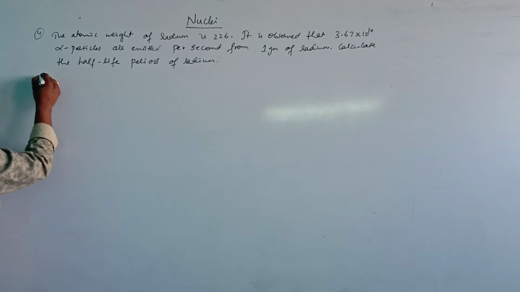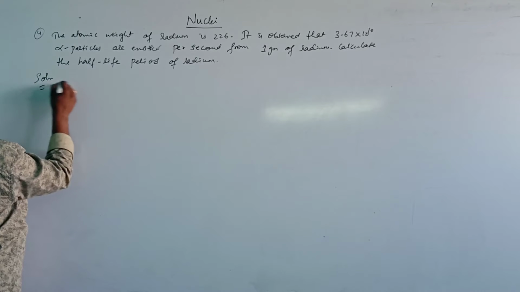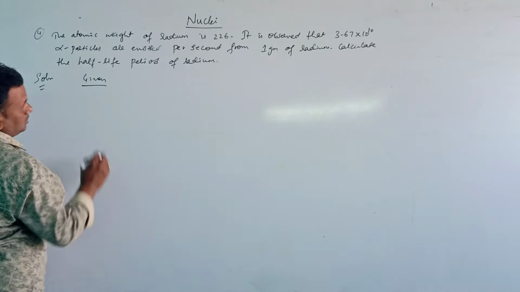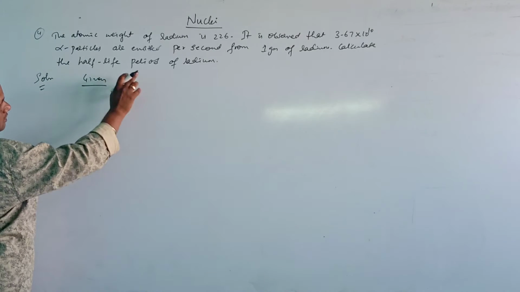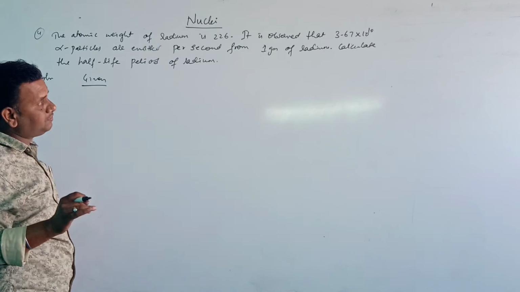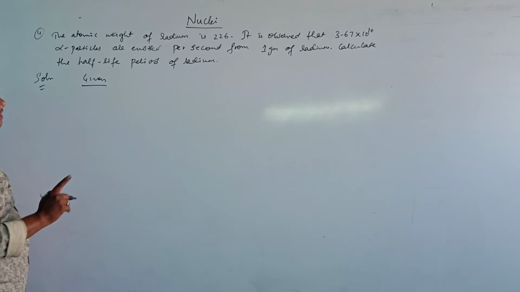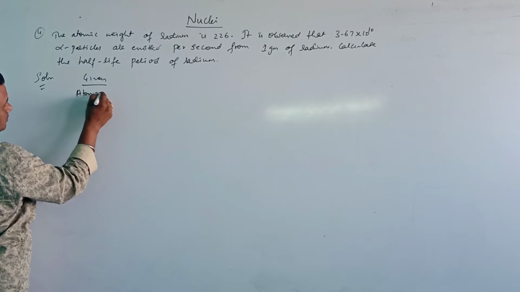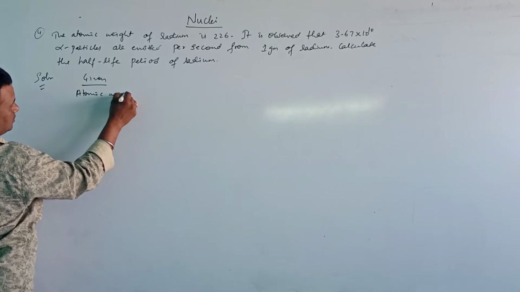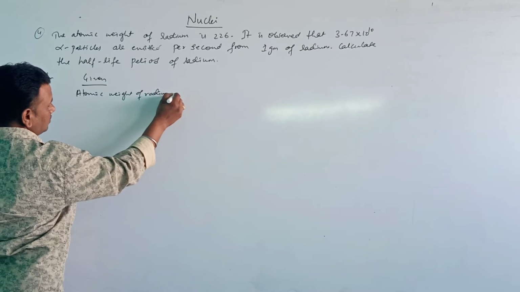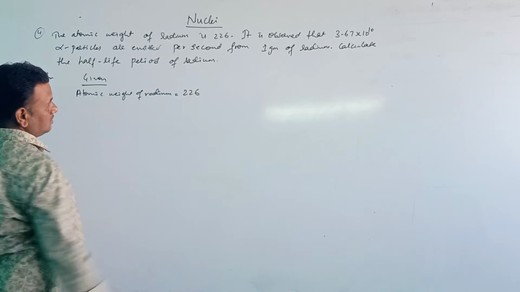So let us first write the given data here. He has given the mass, 1 gram of radium, and he has given the atomic weight of radium, which is 226.